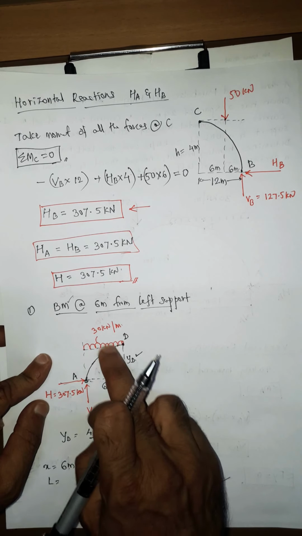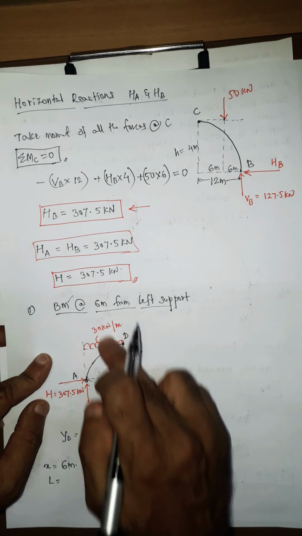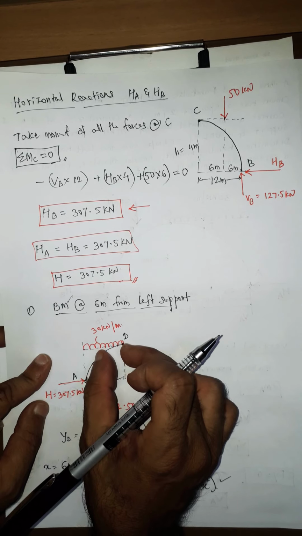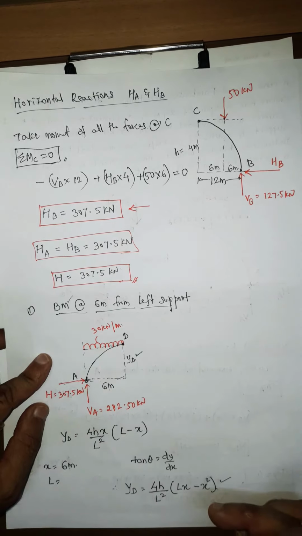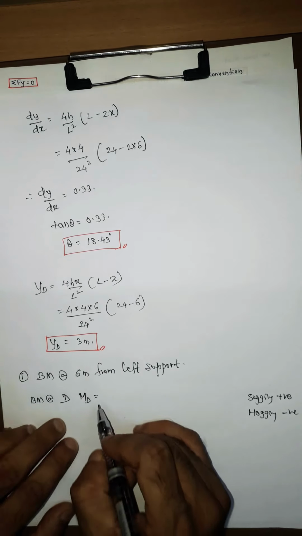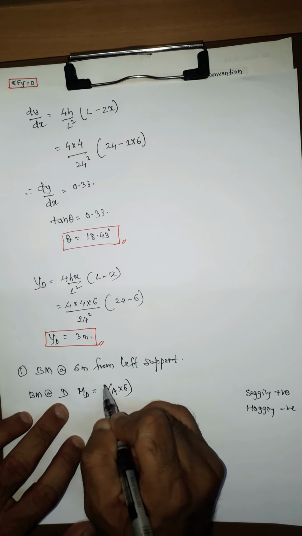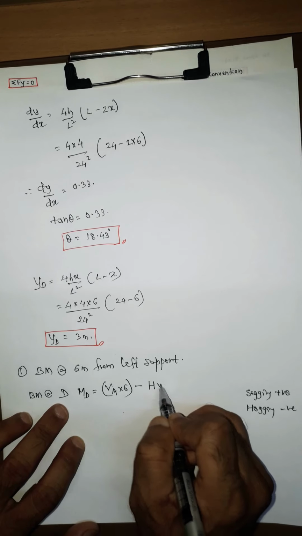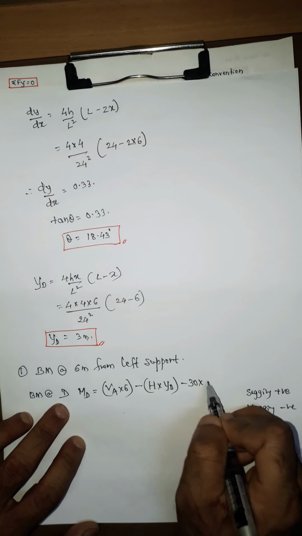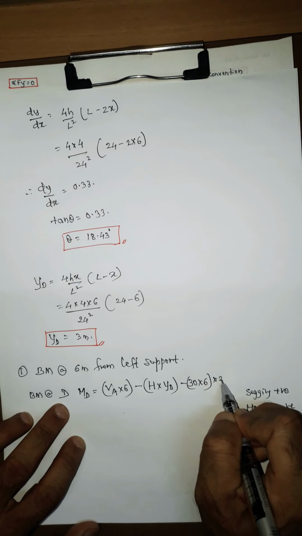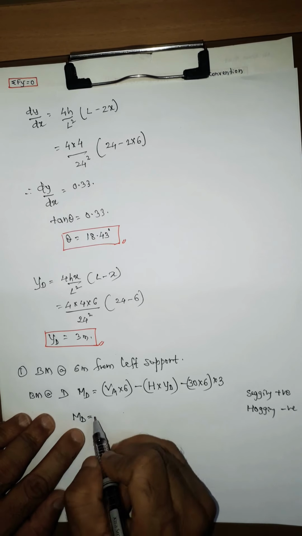Then with reference to this UDL, this is also minus, that is minus 30 into 6 meter is the point load, and the moment arm is 3. So bending moment at D, MD is equal to plus VA into 6 minus H into YD minus 30 into 6 into 3.